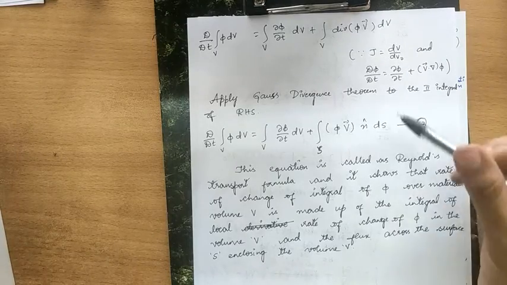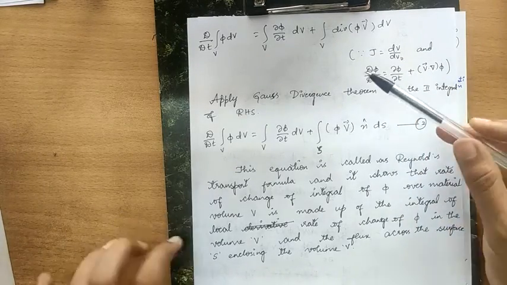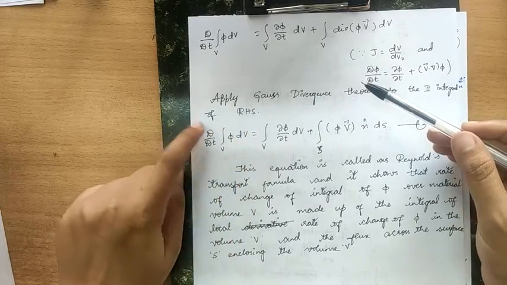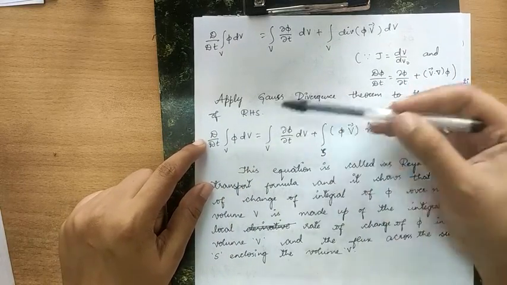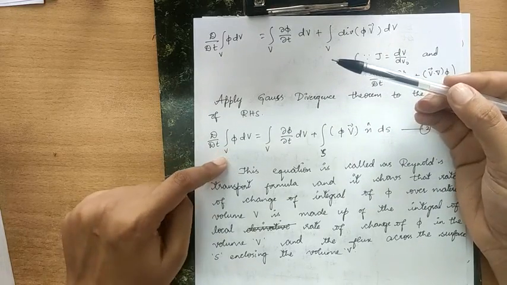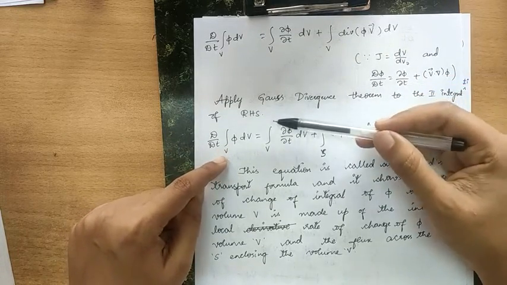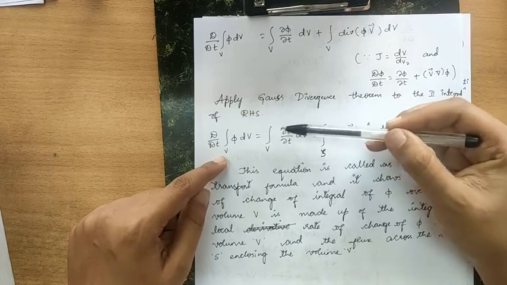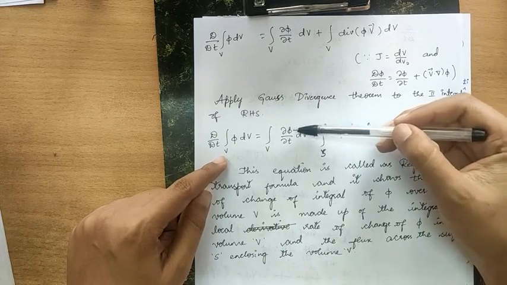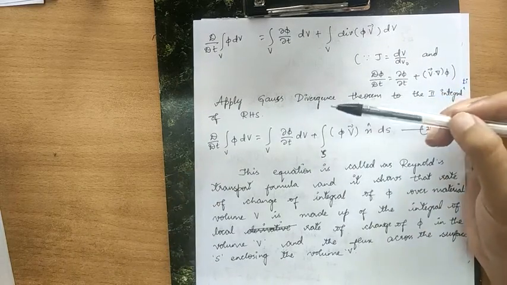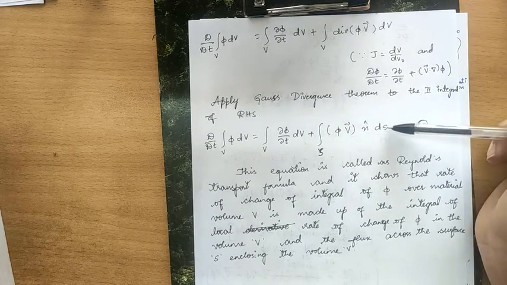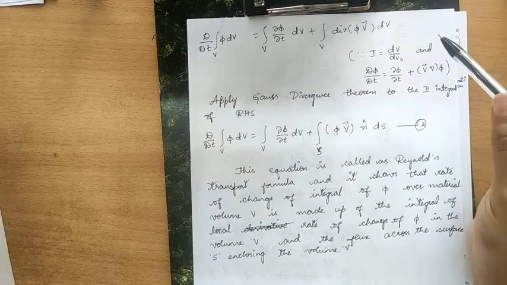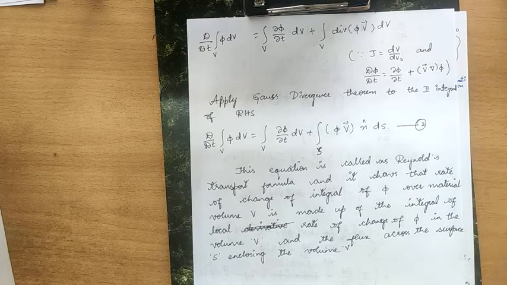I repeat, this equation shows that the rate of change of the integral of phi over a material volume V is made up of the integral of the local rate of change of phi in the volume V and the flux across the surface S enclosing the volume V. This is all about Reynolds transport formula. Thank you.